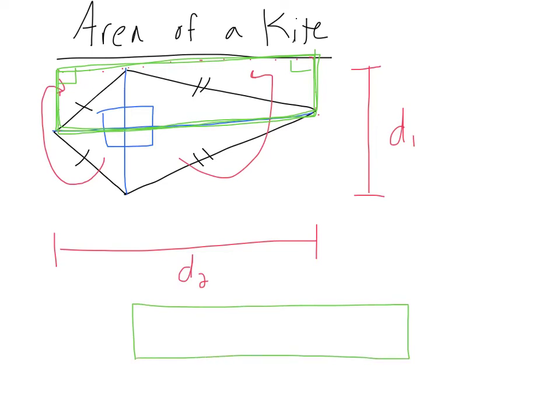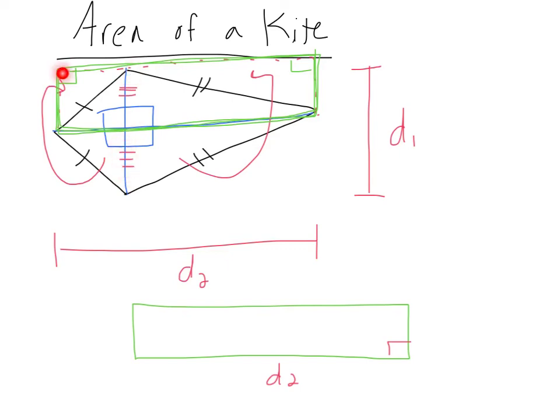Well, we know that the length was D2, or you could call it the base of this rectangle. Length times width, base times height, same thing. Here's one dimension. And now this diagonal, remember this diagonal is bisected. It's a feature of a kite that one of the diagonals is bisected.